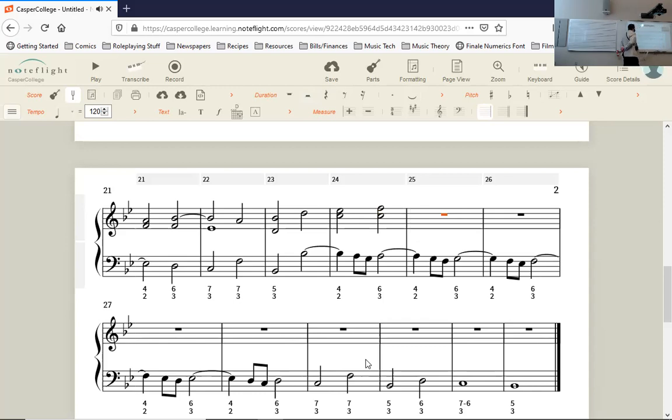Next. 4-2 above a B flat. We need a C, and then I'm sorry, above an A. So we need a B flat, and then D, D. Good. 6, 3 above the G: B and E.